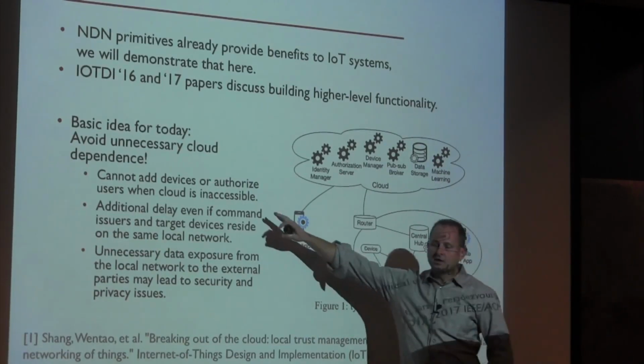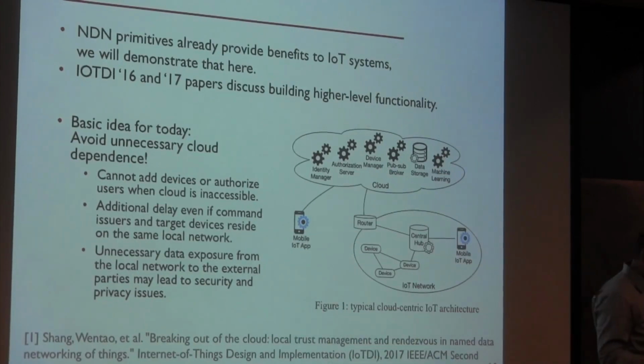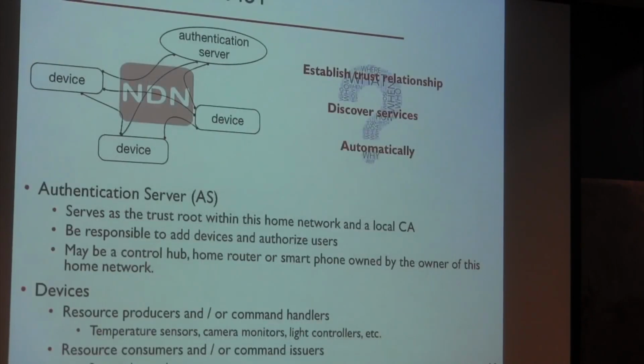And even though the cloud is helpful, there are some things for which it really doesn't make sense to use something far away to rendezvous with devices close to us, right? Based on all the things that Baishuan talked about earlier, it seems like we should be able to do better with NDN.